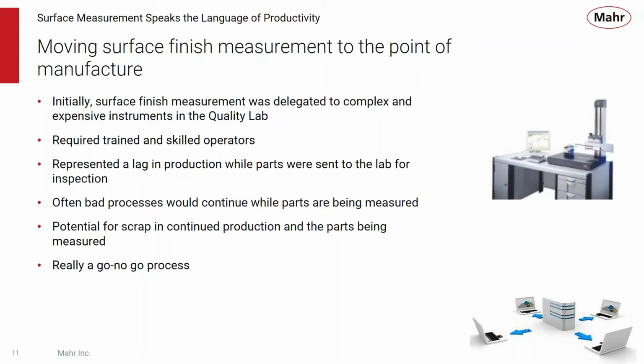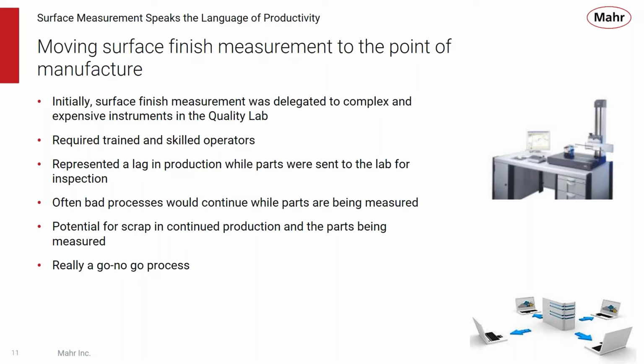Often the parts had to be sent to the lab for inspection, so there was a long lag time between the part being manufactured and being inspected. And often bad processes would continue while those parts are being measured. So there's a potential for scrap and continued production while the parts are being measured.